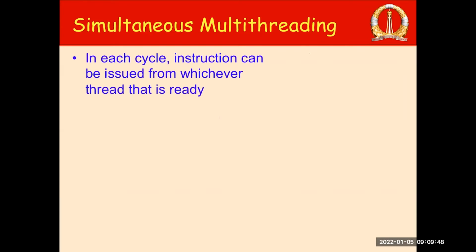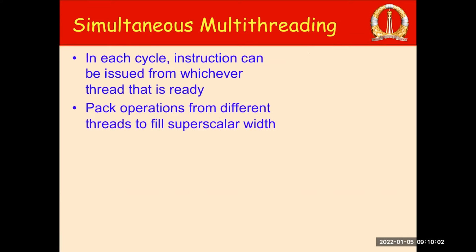Now let's talk about the third form of multi-threading, which is called simultaneous multi-threading. In simultaneous multi-threading, instructions from different threads which are ready to be executed are packed together and sent in each cycle of instruction execution.